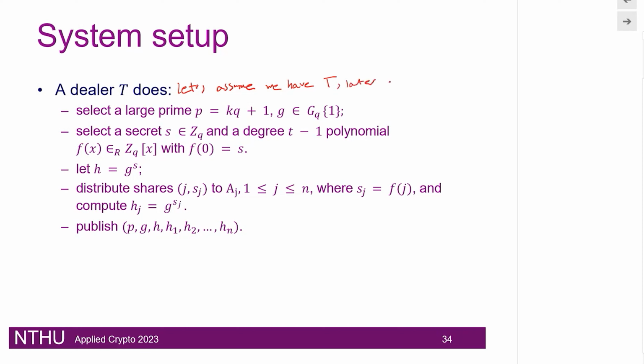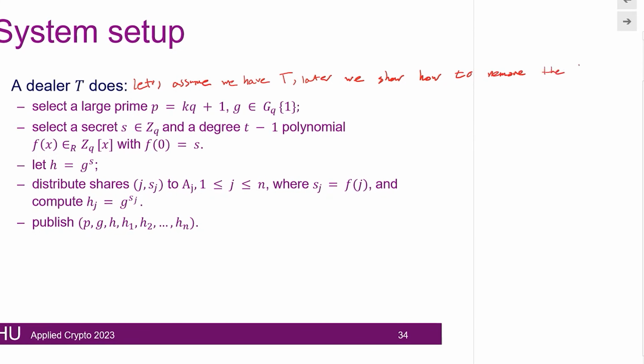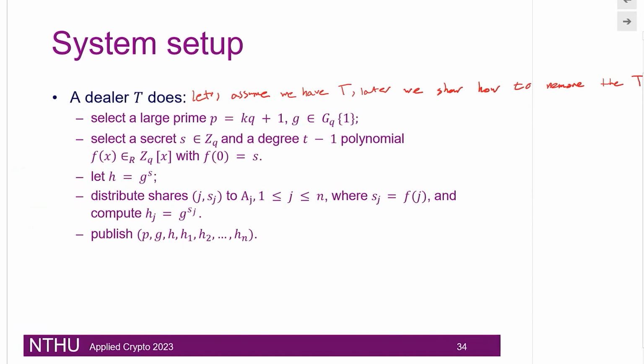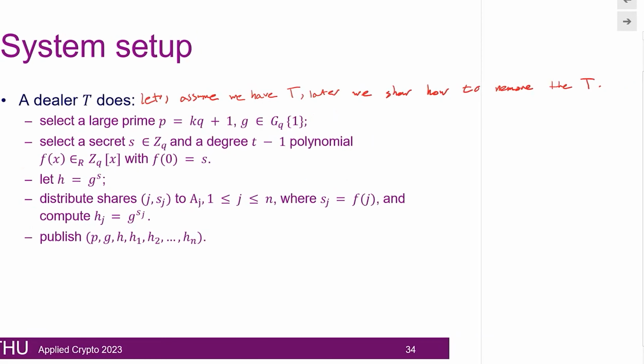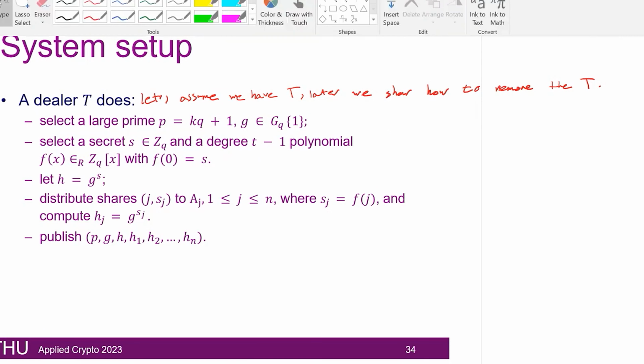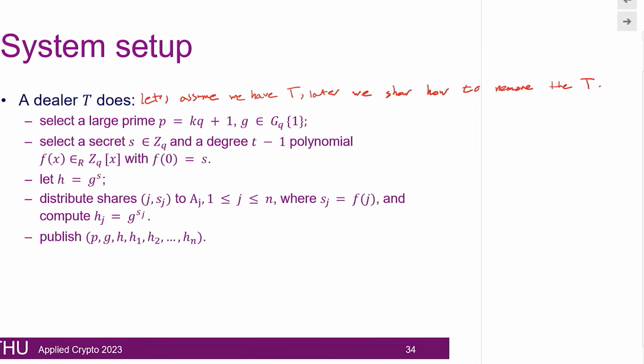Later we will discuss how we can remove this T, and basically our authorities can collaboratively construct these values for us.